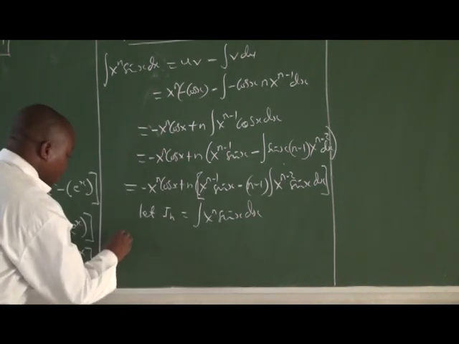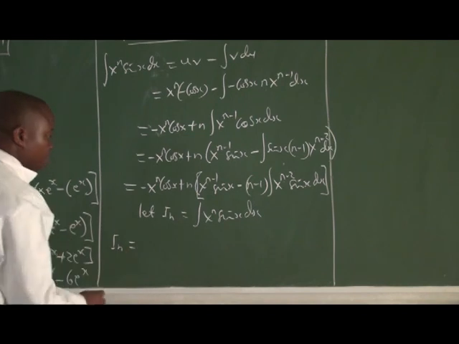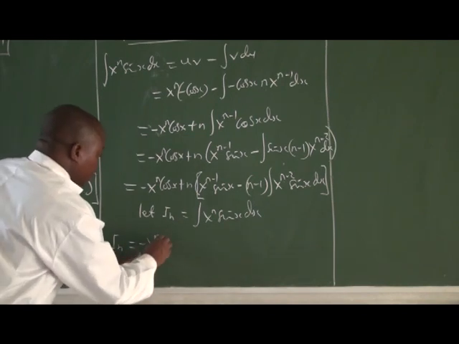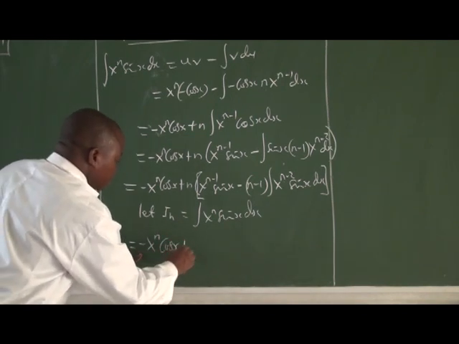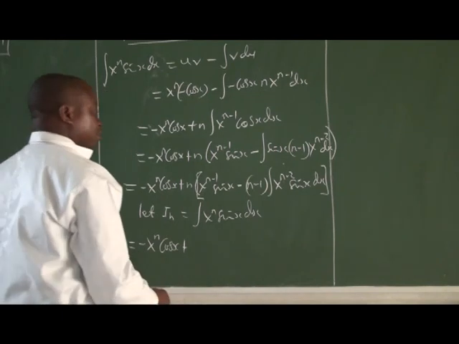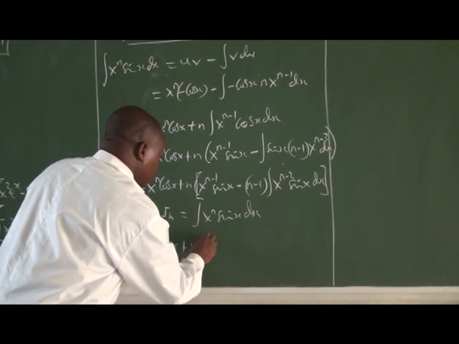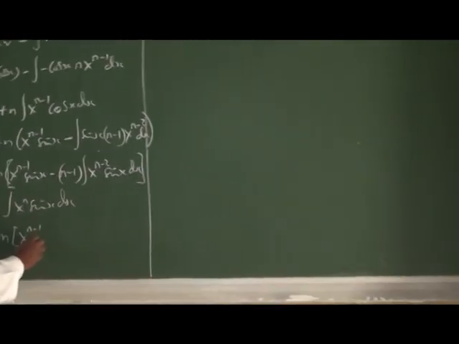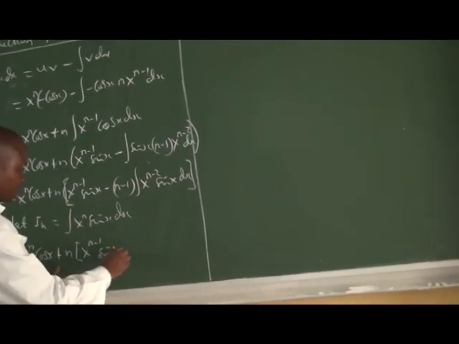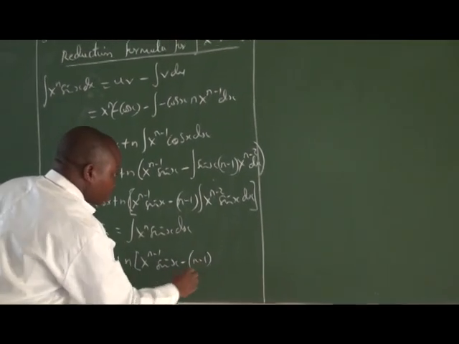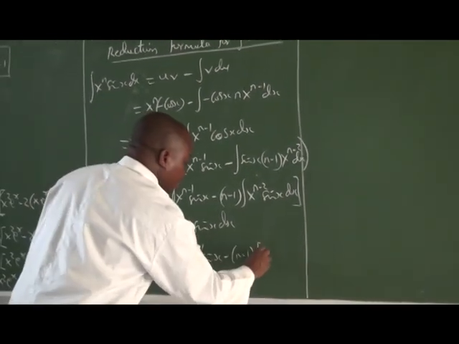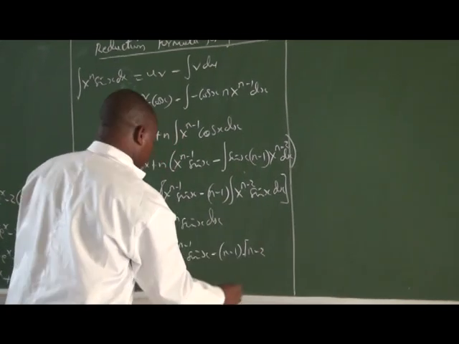Then we'll have that I n will be equal to minus x^n cos x plus n x^(n-1) sine x minus n(n-1) I n minus 2.